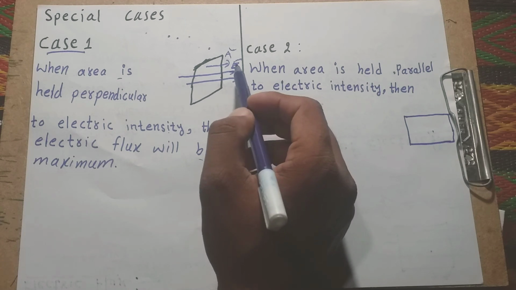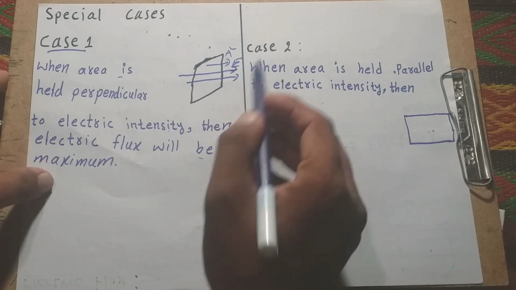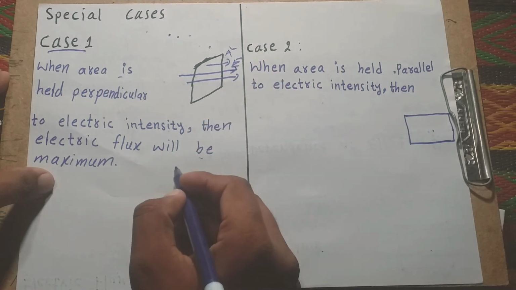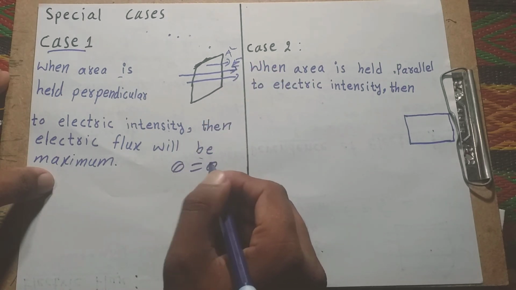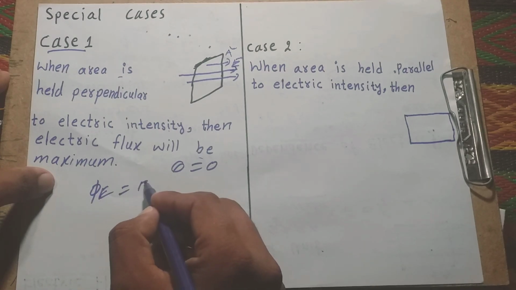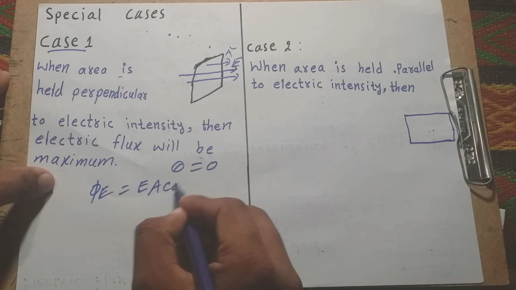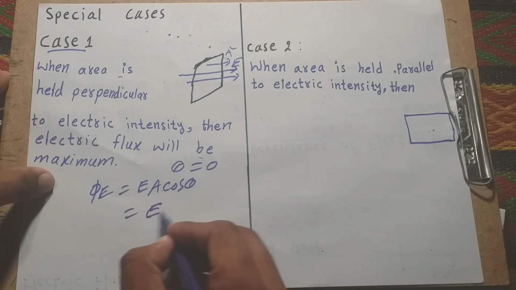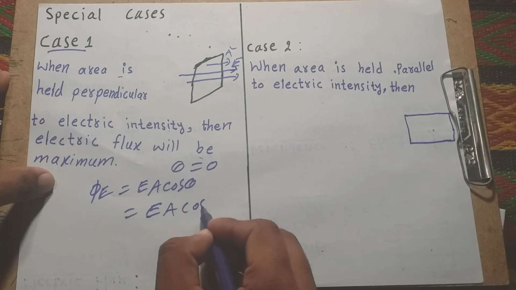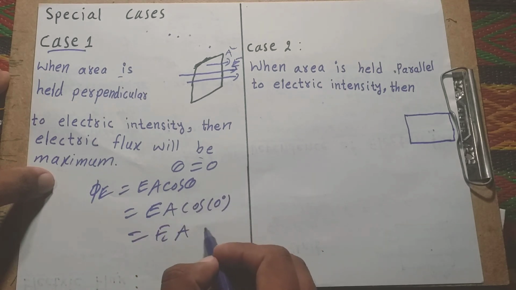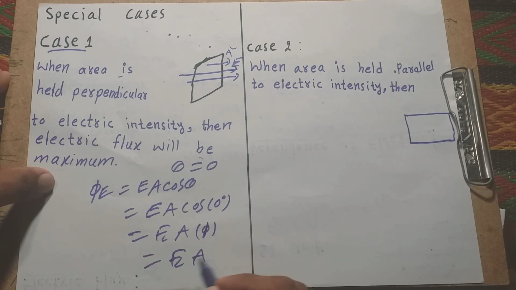That is the reason the angle between vector area and electric lines is equal to 0, and flux is equal to EA cos theta, EA cos 0, and cos 0 is equal to 1, so electric flux is EA.